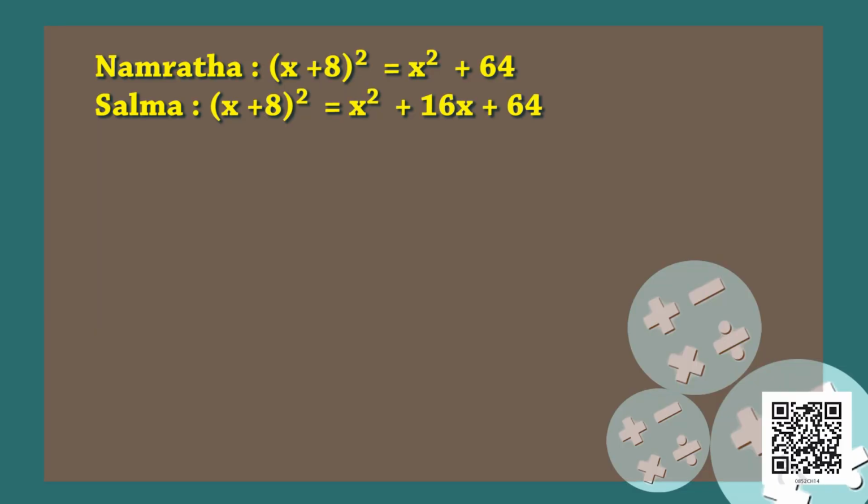In that way Namrata has done. Do you remember the first identity, a plus b whole square is equal to a square plus 2ab plus b square? Like that only Salma has done it. Therefore, she got the answer as x plus 8 whole square is equal to x square plus 16x plus 64.